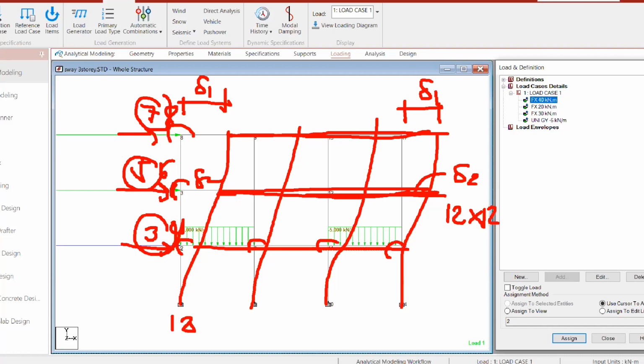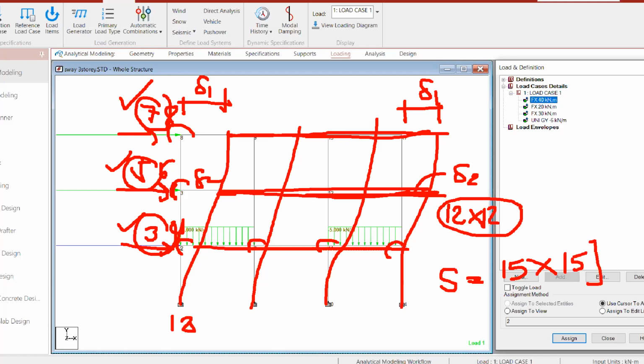So aside from the unknown 12 rotational displacements, we will include three sway, three lateral displacements. Therefore our S is now 15 by 15.